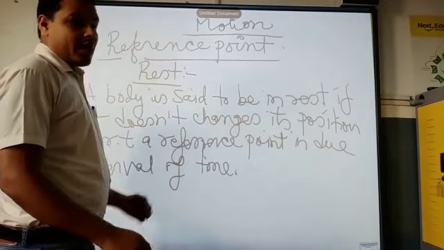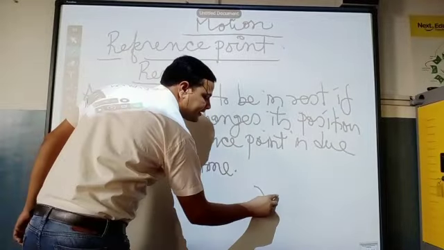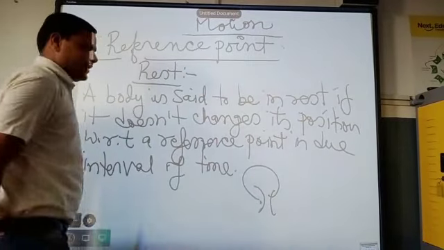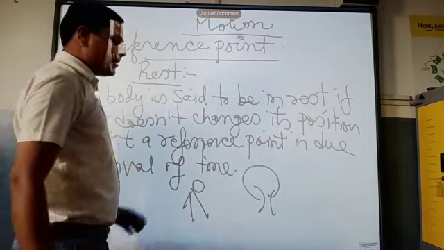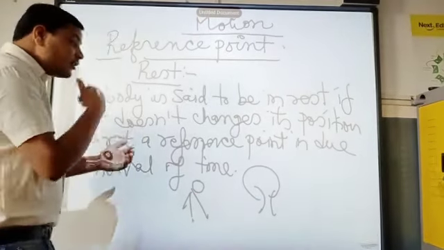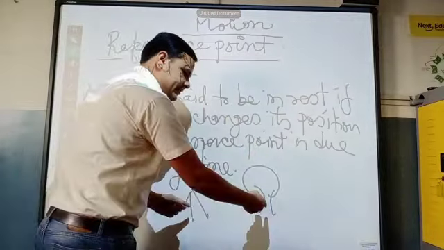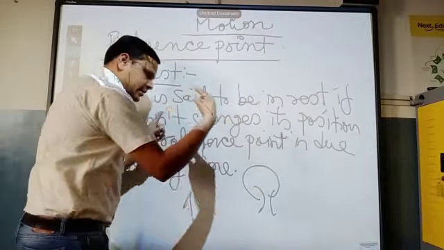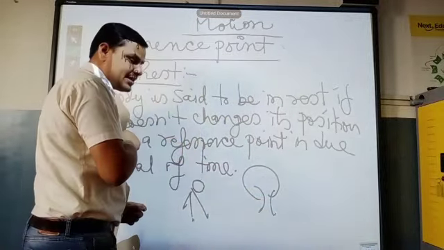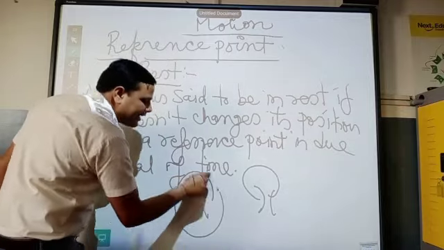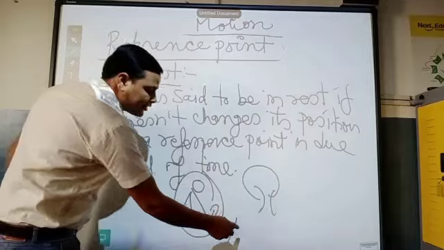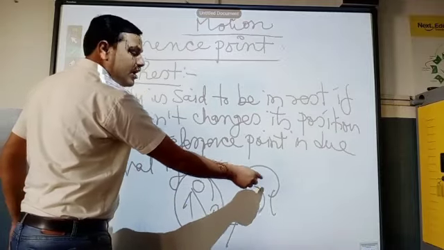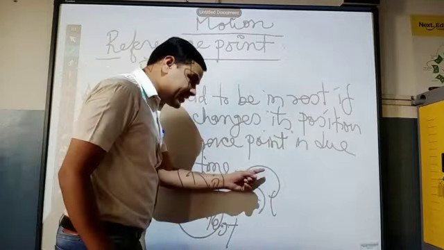If there is a tree, and a man is standing near the tree, after 1 hour the distance is same, after 2 hours the distance is same, then we can say that this man is in rest with respect to this tree.